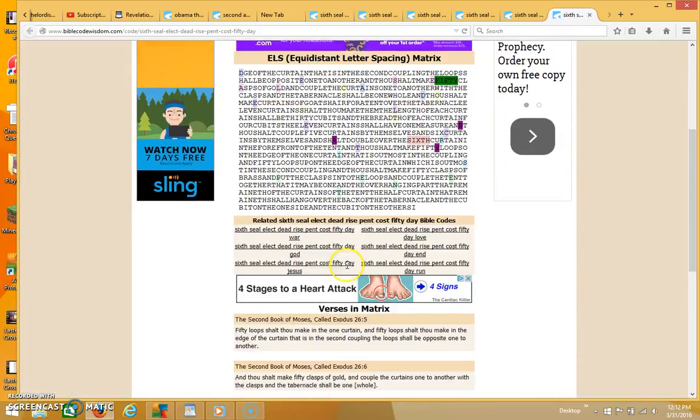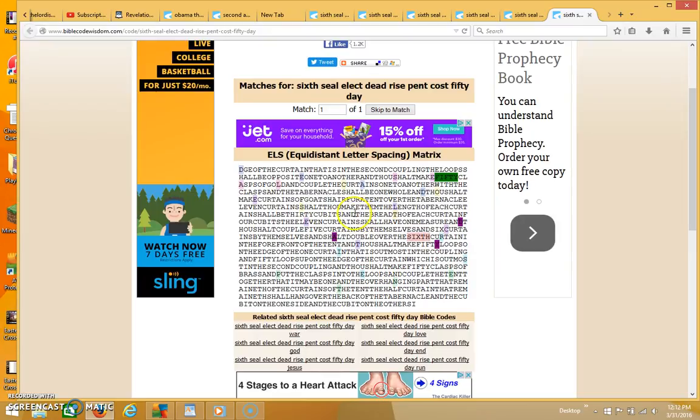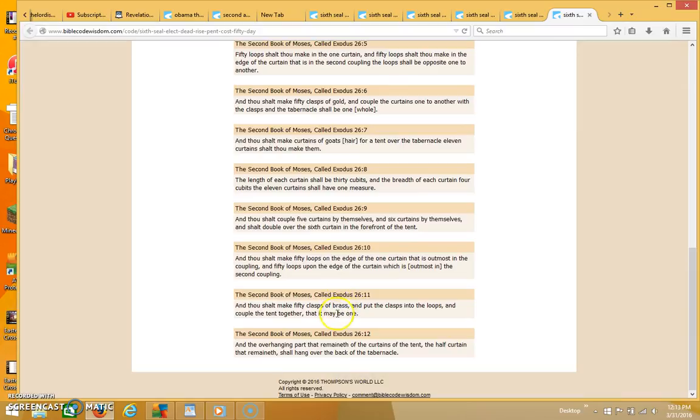And like I said, it mentions the number 50 several times. It also mentions the word, let me see if I can find it in here. Well, it has the number 11, which we'll pull up later.